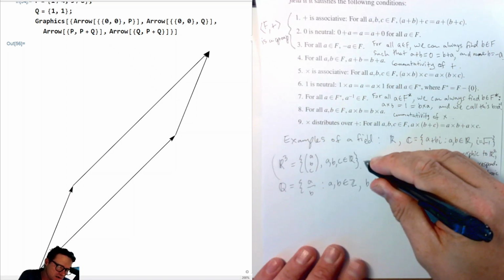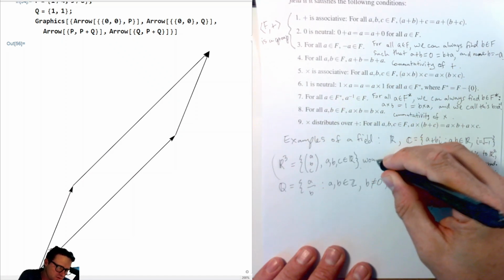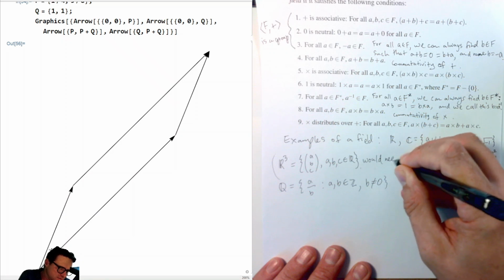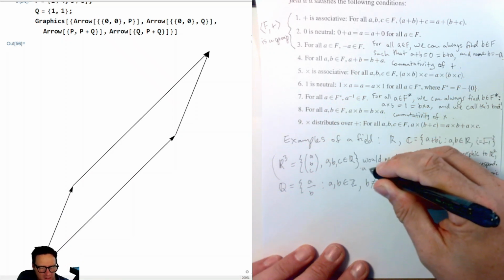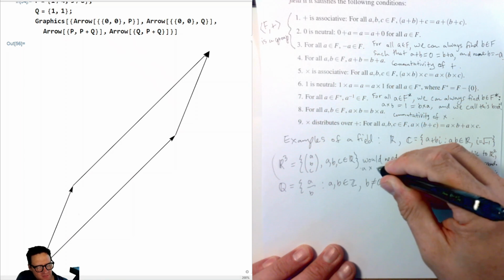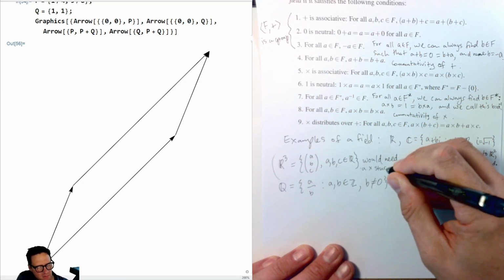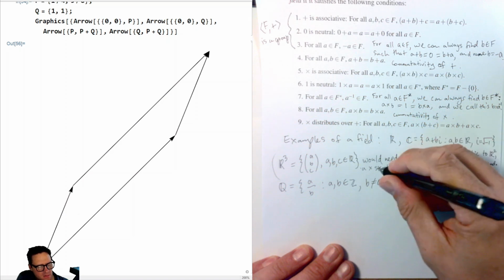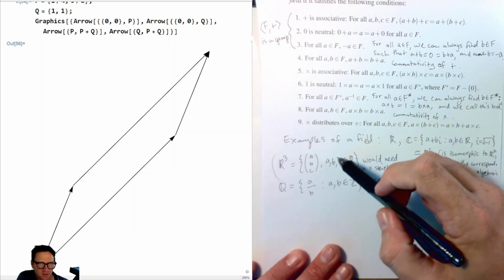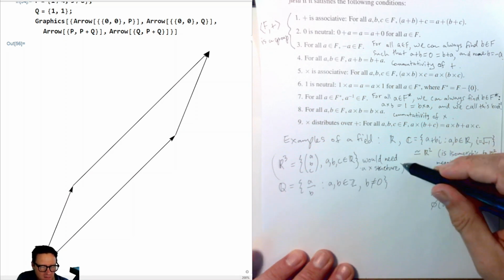So you would need a multiplicative structure to make this a field on its own, right?